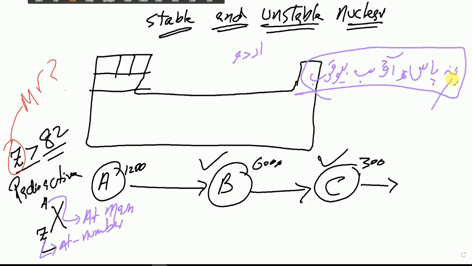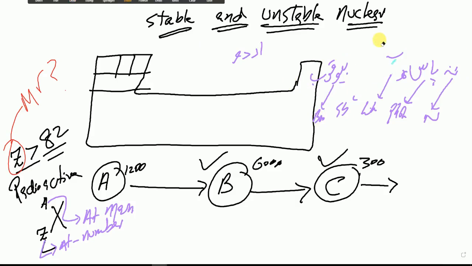Na means nitrogen, paas means phosphorus. Then lithium, I think, and bewakoof means boron. That is how she remembered it. She told me about this a few months ago.